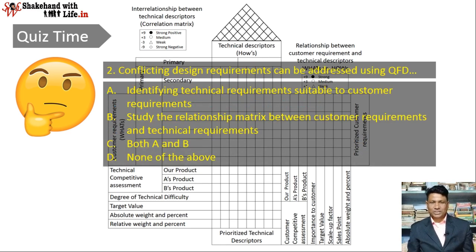Now the second question. Conflicting design requirements can be addressed using QFD. How do we address the conflicting design requirements using QFD? Or how does the QFD team address the conflicting design requirements?